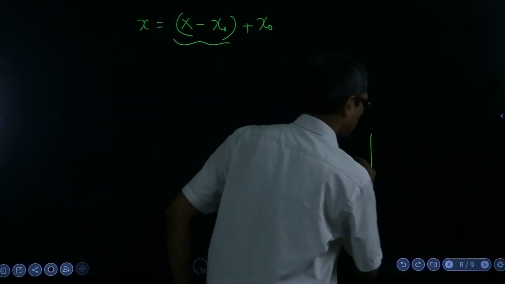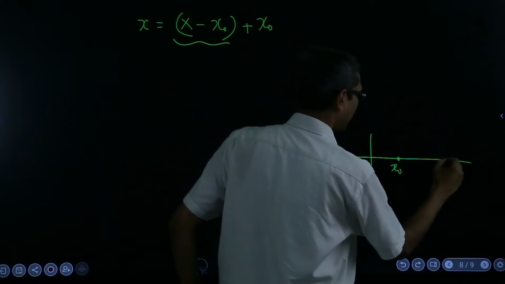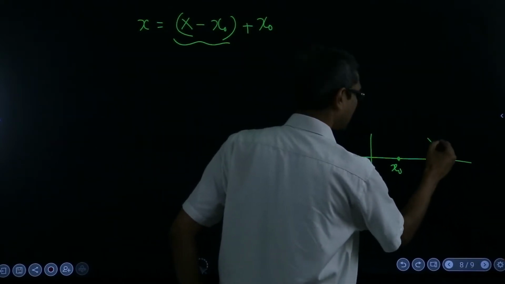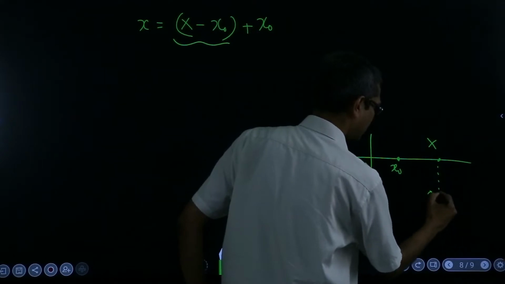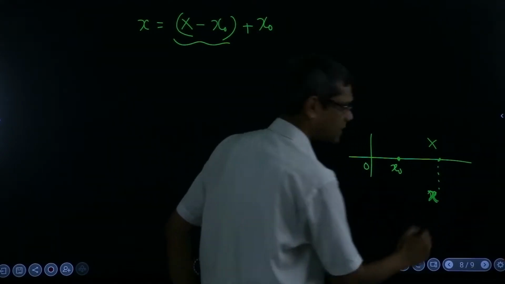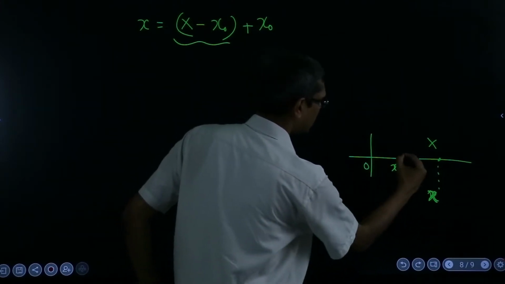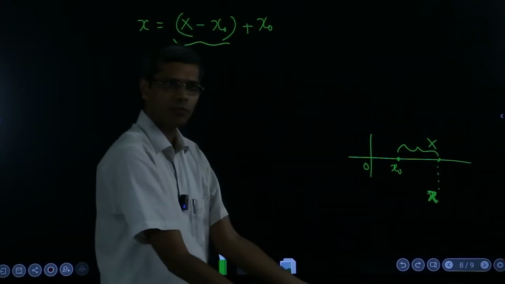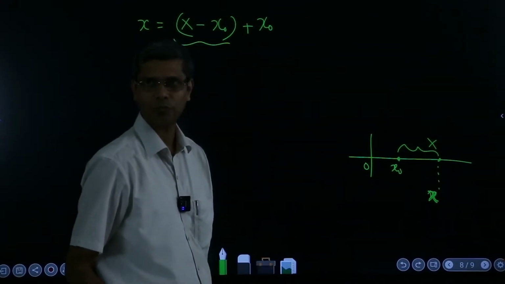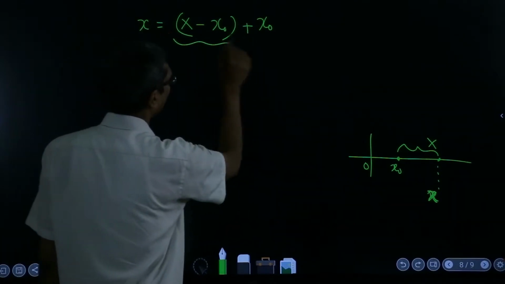If I draw like this, suppose this is the origin, this x naught has moved to x, and small x is the location where we are sitting. So, this is asking you: x naught plus this displacement is equal to x, where I am sitting now.